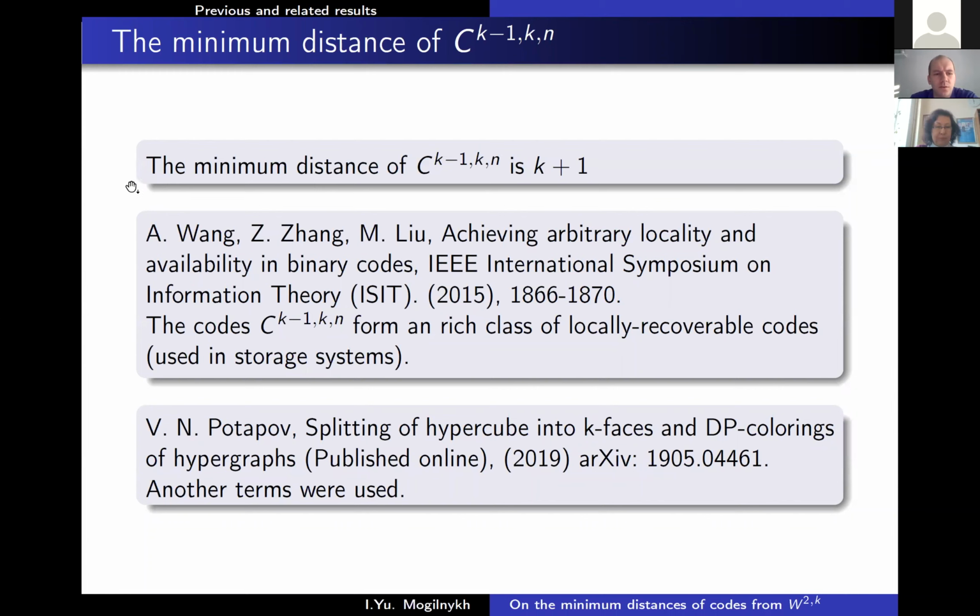And this was shown in two works that use different terms, and actually in the first of them, the application of these codes from the position of locally recoverable codes is used. These codes are used in storage systems. I'm not going to give more details on this one. I just want to emphasize the fact that these codes could be interesting from various points of view, even in coding theory.